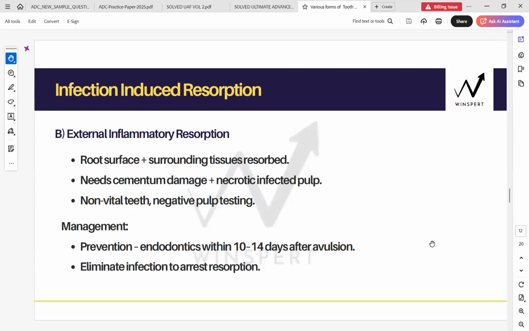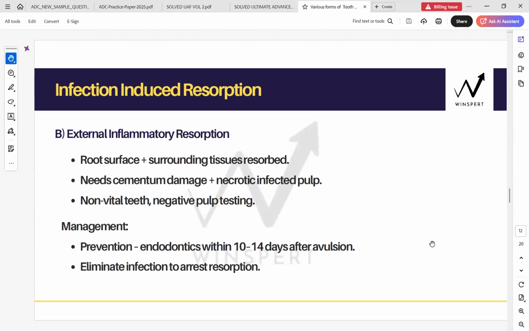What kind of injury is it most associated with? Avulsion, because there the damage of the cementum most likely occurred. And that is why the guidelines recommend starting RCT either immediately or within the week. Agreed? Because they know the cementum damage has occurred and root canal infection is also highly likely, so perform the immediate RCT.